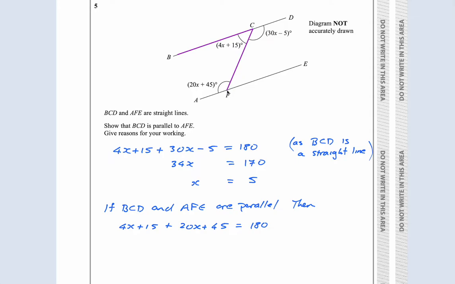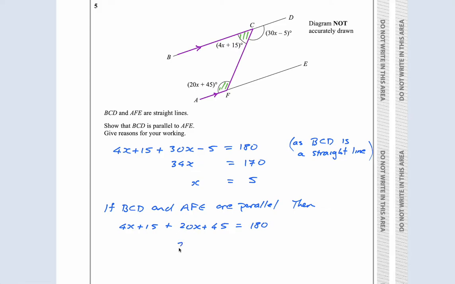If these two lines are parallel, then these two angles are corresponding angles and should add up to 180. So let's see if they do. Well, I've made them equal to 180, but if it's true, then this equals 180. Now I know x should be 5, so when I solve this, I should get x equals 5. If I don't, then they're not parallel.